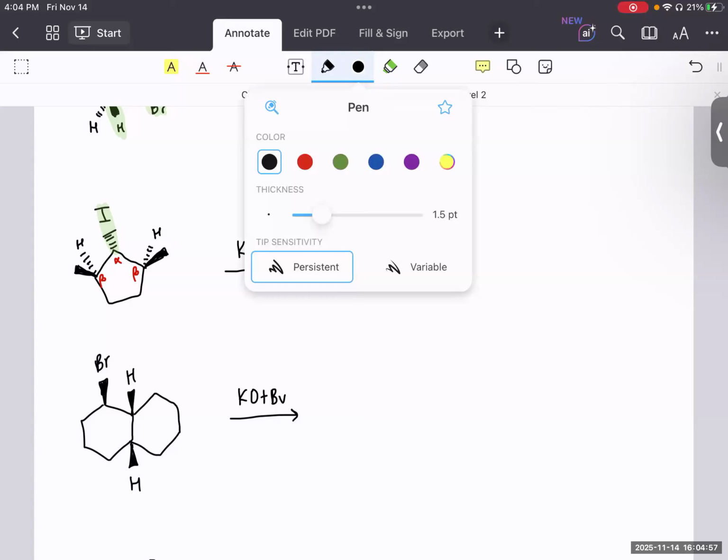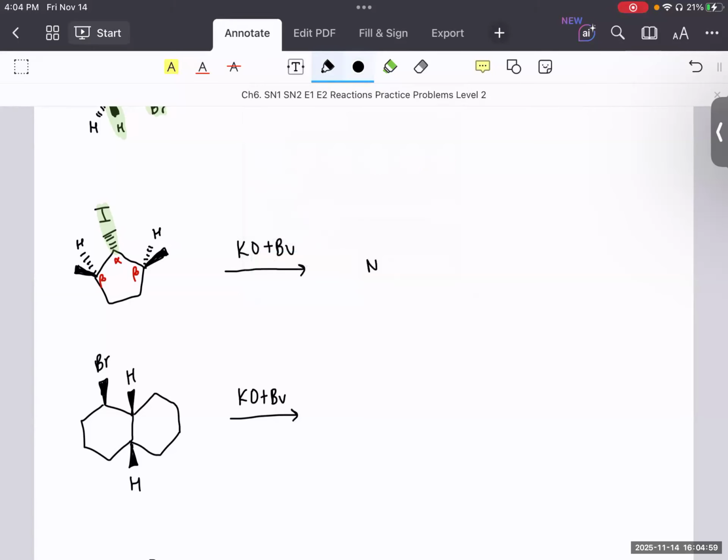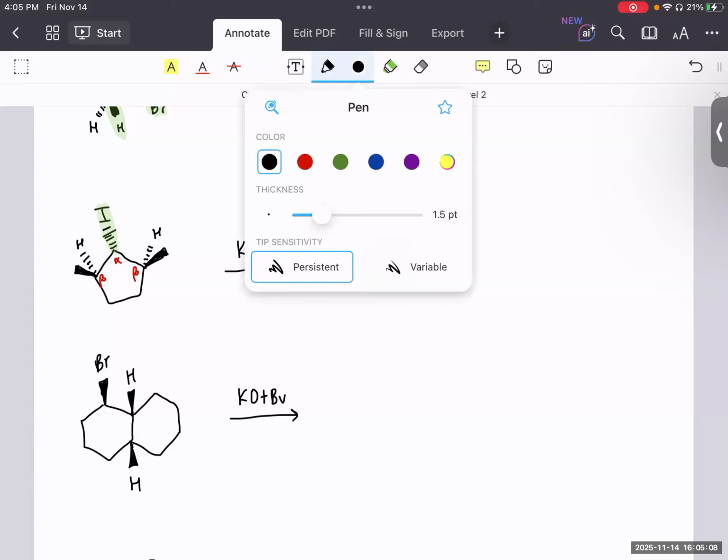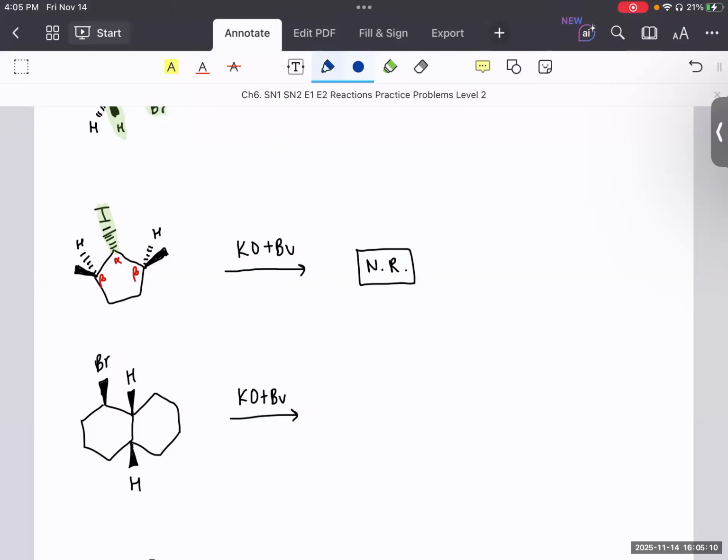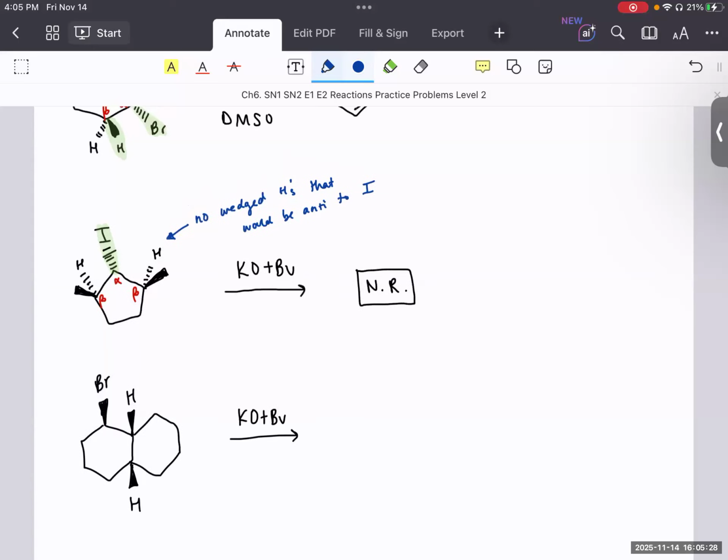And so here, we actually get no reaction because we don't have a wedged hydrogen that's available for antiperiplanar elimination with that iodine. And so we have no wedged H's that would be anti to that iodine. And so we get no reaction here.